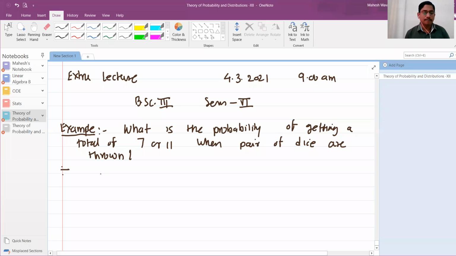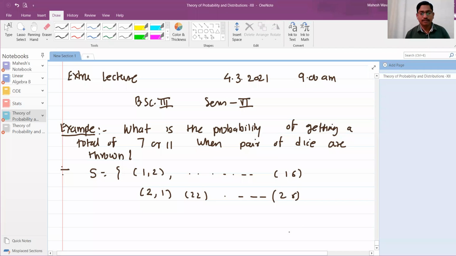So how many points are in the sample space? One can easily count it. If you write them out, you have 36 elements, like 1,6; in the first die 1 gives 2,1, 2,2, and 2,6.